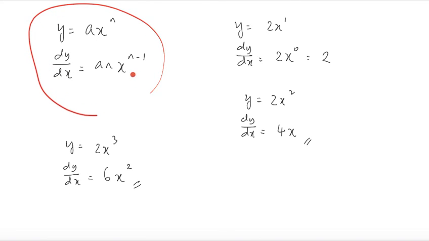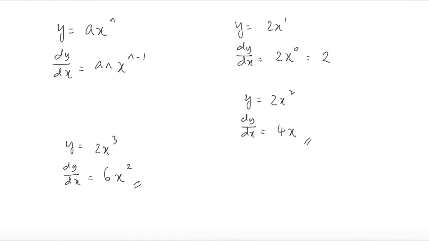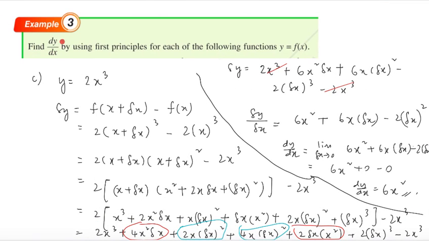First derivative. You found this answer, and the answer equals to what you get using first principle, but very long. If the question never requests you to use first principle, just to find dy dx, you can use the shortcut method. But if the question mentions using first principle, you must start with this. Delta y equals to f of x plus delta x minus f of x, and then you find delta y over delta x.